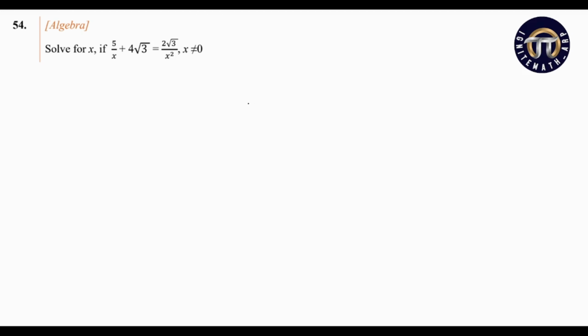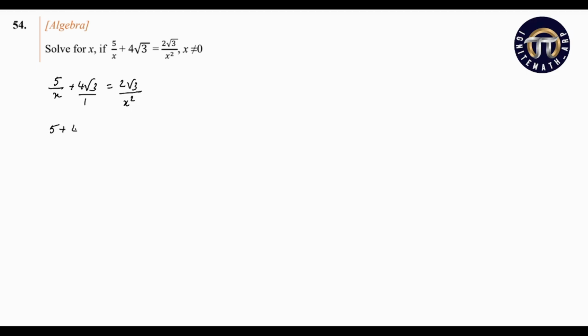So solve for x. 5/x plus 4 root 3 is equal to 2 root 3 by x square. So now what I do here is 5/x plus 4 root 3 is equal to 2 root 3 by x square. So now I'll take the LCM. Here nothing means what? 1 is there.